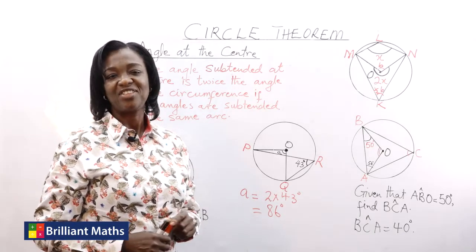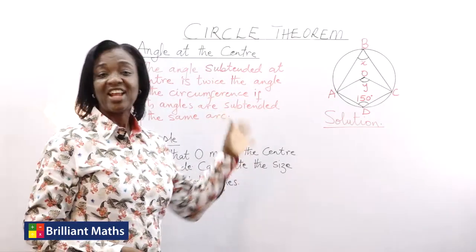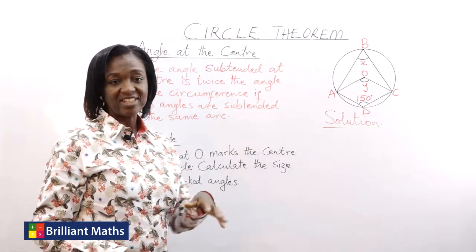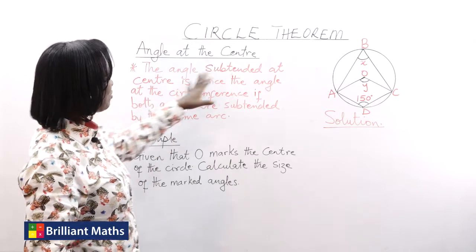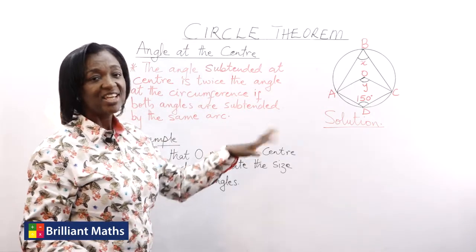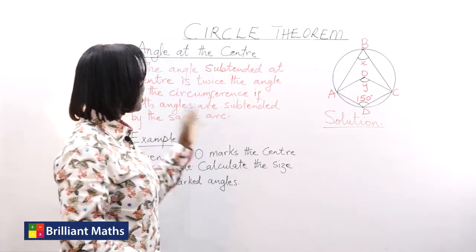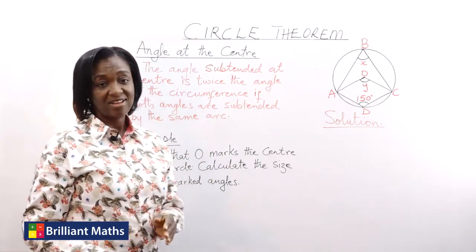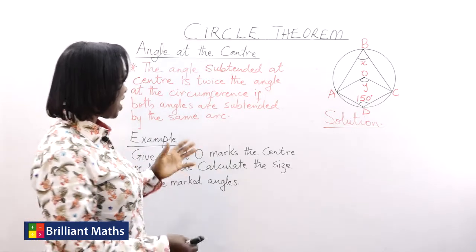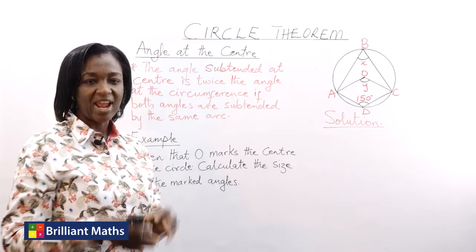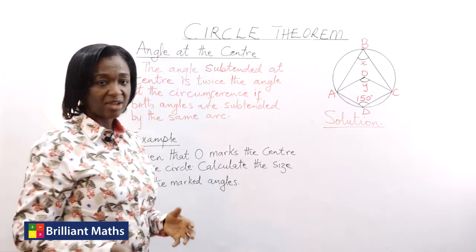Let us look at another example. We're still looking at circle theorems and precisely the angle at the center. The angle subtended at the center is twice the angle at the circumference if both angles are subtended by the same arc. During the last lesson, we were able to discover how to find the arc that subtends any given angle.